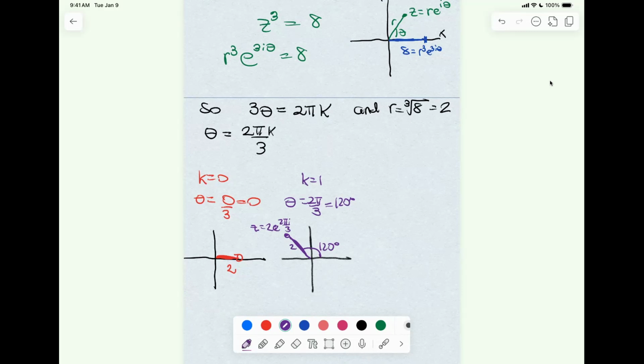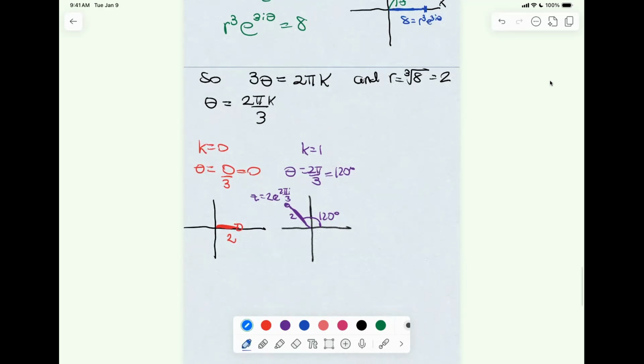Then what about k equals 2? If you do k equals 2, then the angle would be 4 pi over 3, which is 240 degrees. That's a little bit less than 270, so it's in the third quadrant.